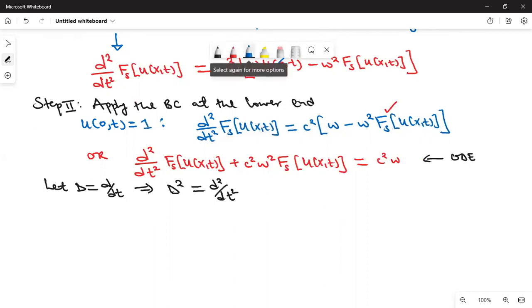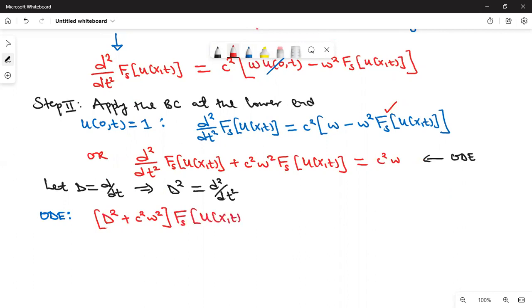So our ODE will now look like this. In terms of the D operator, it will be D squared plus c squared omega squared operating on the Fourier sine transform of u of x t, because an operator is operating on a function, to give us c squared omega.